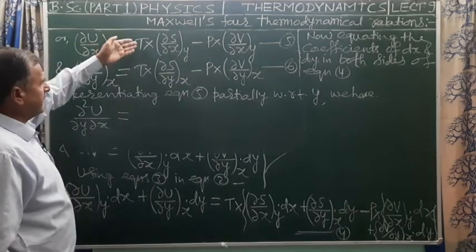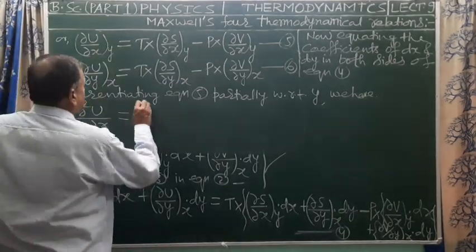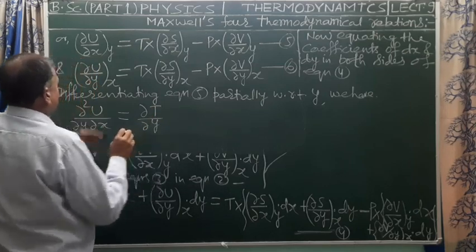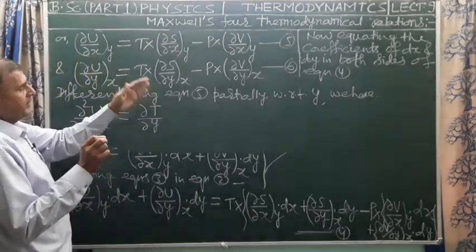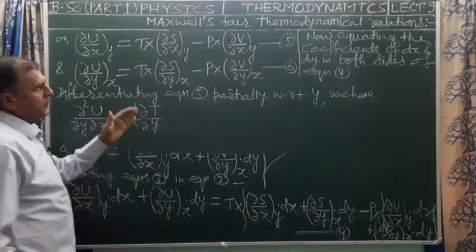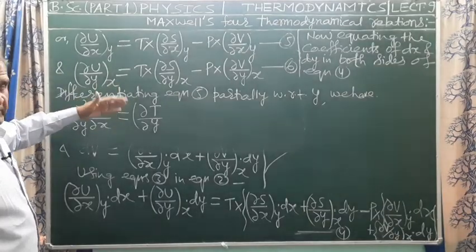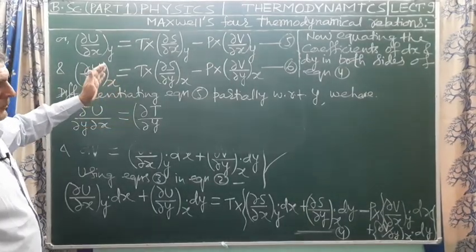So differentiating T with respect to y, we have del T upon del y. We have to differentiate equation 5 both sides with respect to y. इक्वेशन 5 को पार्शियली डिफरेंशिएट करना है y के रिस्पेक्ट में, वेरिएबल y के रिस्पेक्ट में, बोथ साइड्स में.